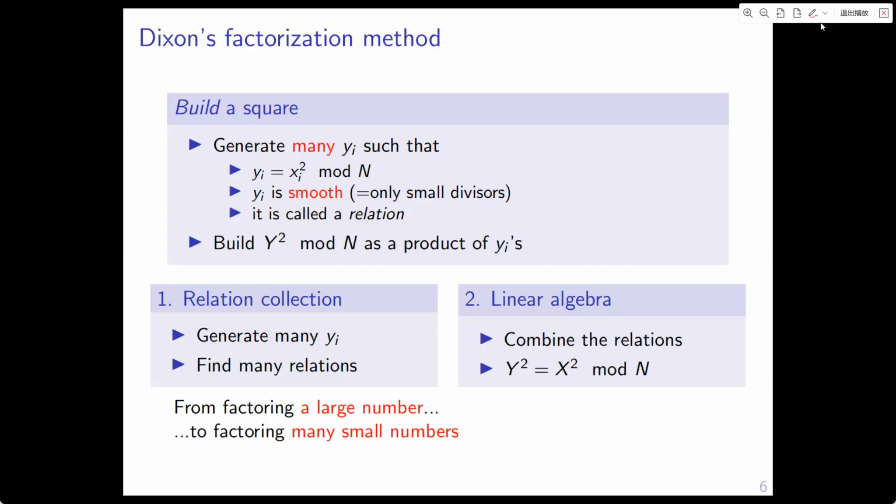So basically there are two parts. The first one is the relation collection, where we generate many y's and find as many relations as we can. And then the second step is the linear algebra, where we combine the relations into a square, which leads us to this congruence of squares. So the important idea is that we go from factoring a large number, n, to factoring many small numbers, small y's.